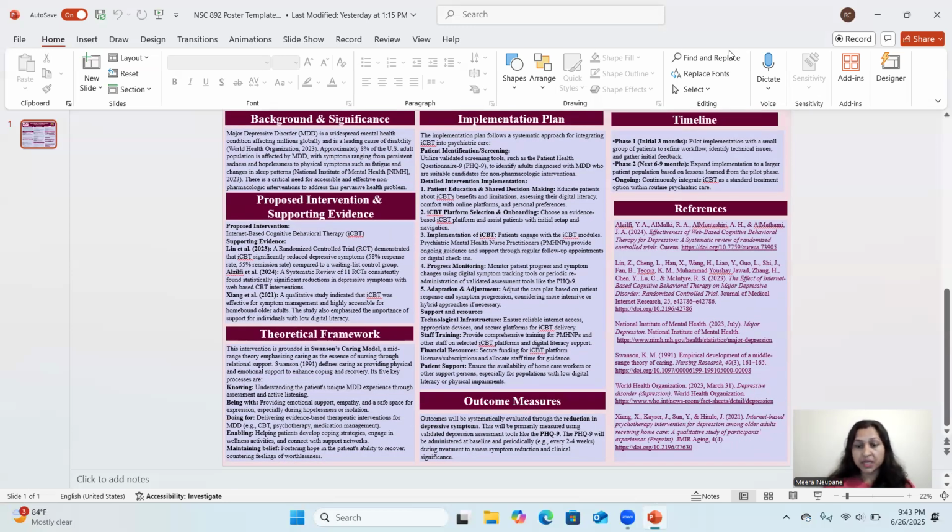After the implementation plan, next is the outcome measure. Obviously, we need to measure our outcome. We need to find out how much our implementation is working or not. Outcome will be systematically evaluated through the reduction in depressive symptoms. We need to measure the depressive symptoms again, using a validated depression assessment tool like the PHQ.